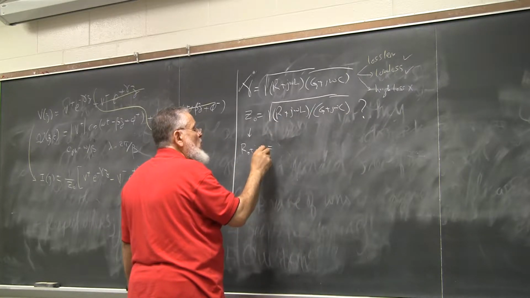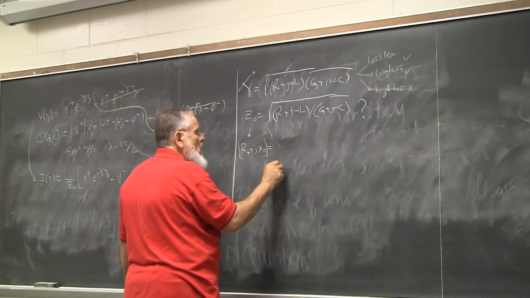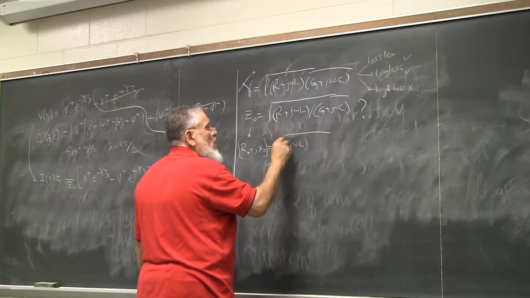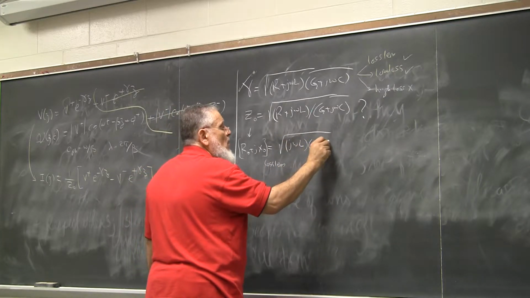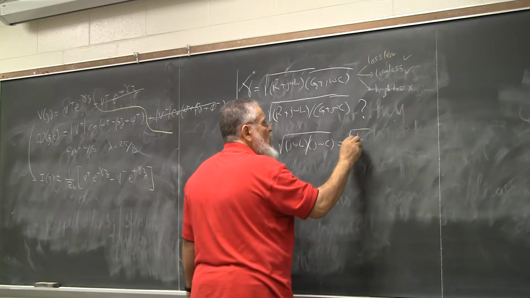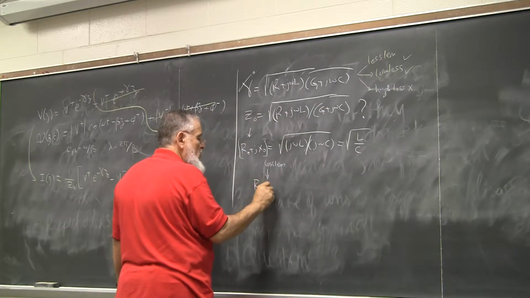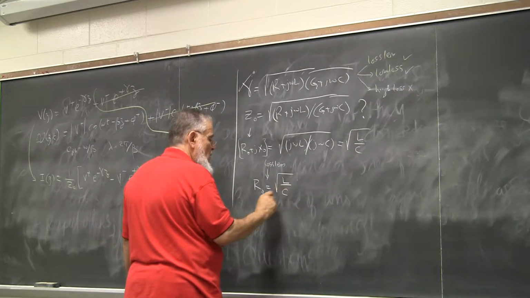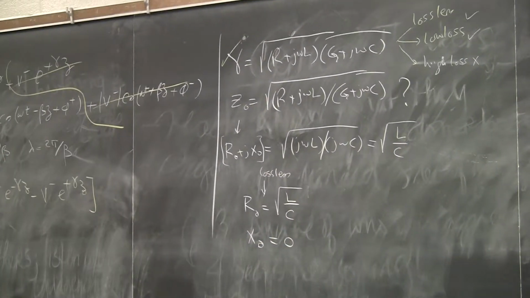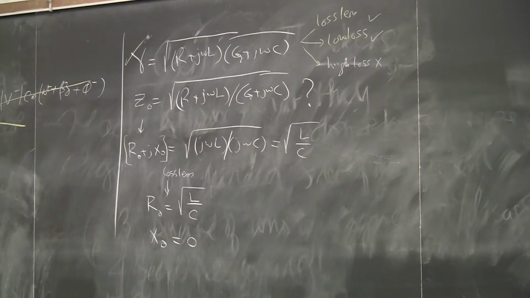So if I were to do lossless, that will be the square root of j omega L times j omega C divided by, which is the square root of L over C. So that results in R naught equal to square root of L over C, and X naught equal to 0. Right? These are so far our constants, parameters that came into the solution.